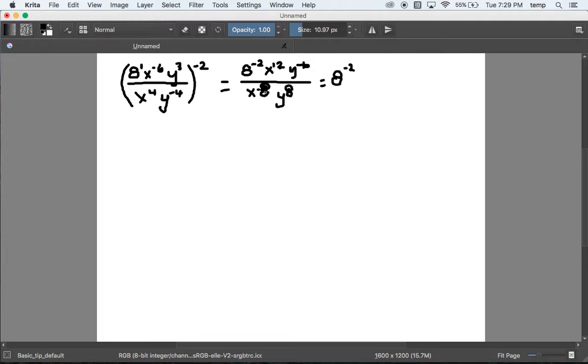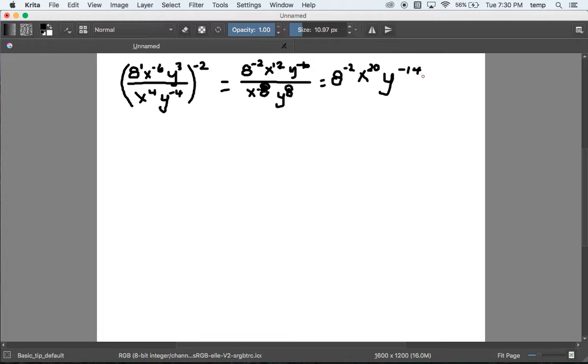Minus a negative is like adding, so 12 plus 8 is 20. So we'll take x to the 20. And we have y to the -6 divided by y to the 8. So we take -6 minus 8, which leaves us with -14.